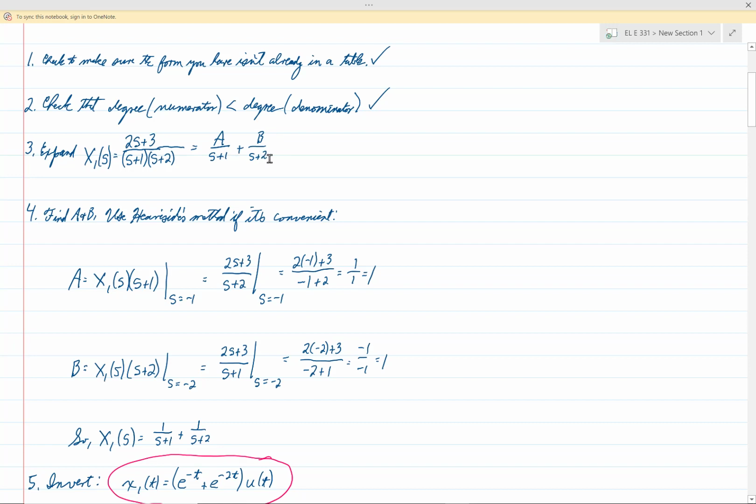And then when we evaluate that at s = -1, the s + 1 in the numerator becomes 0. So this term goes away, and all we're left with is A. So that's Heaviside's method. Likewise, when we want to find B, we will multiply both sides by s + 2 and evaluate at s = -2.